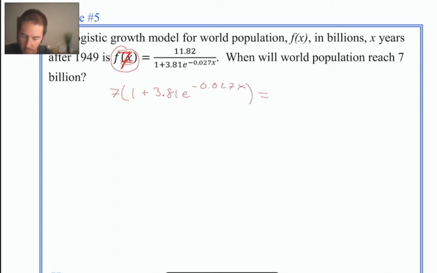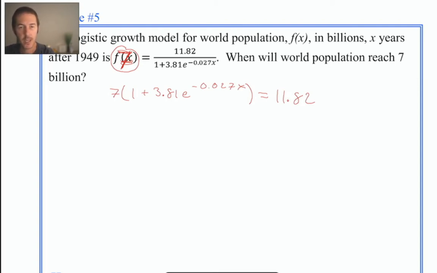And the right-hand side of my equation now is only the 11.82. So now this is a good first step because I've gotten my variable, which is in the exponent position, but at least now it's not in a denominator.